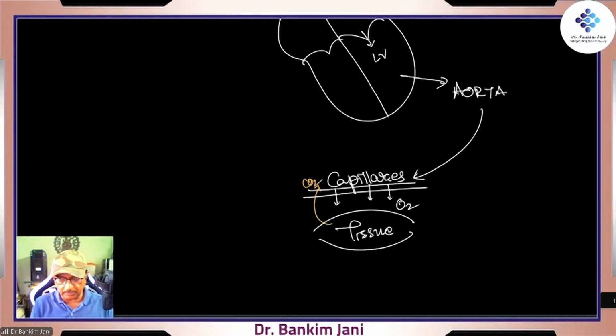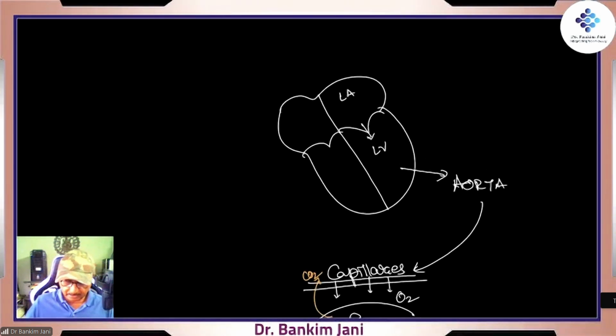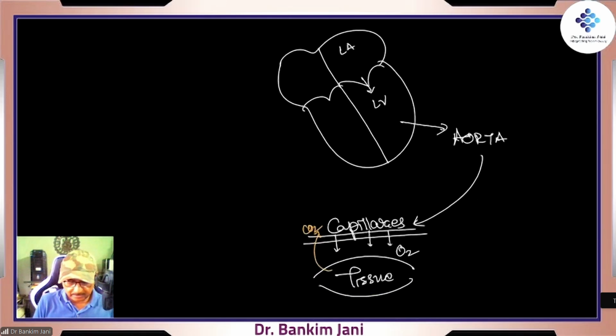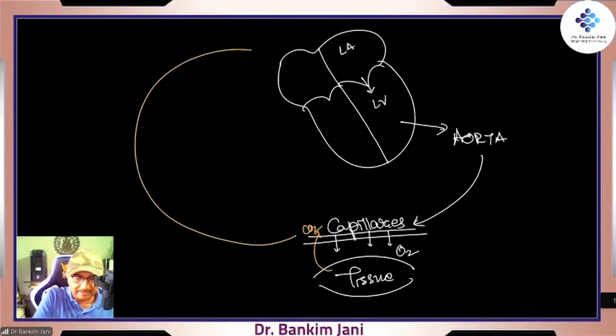And from this point onwards, these are all veins. So the veins will be the superior vena cava and inferior vena cava. In short, the carbon dioxide blood from the body moves on through the tricuspid valve all the way to the pulmonary trunk.